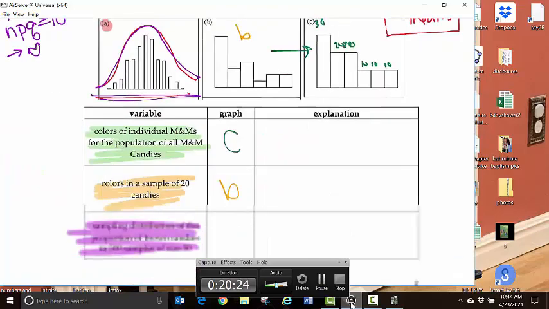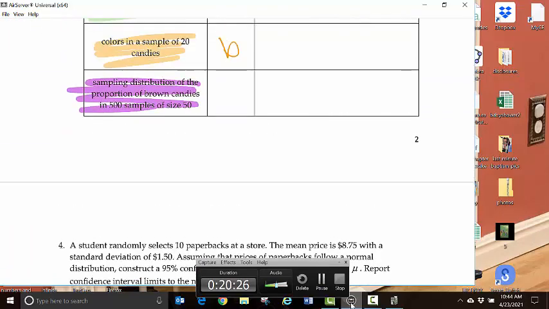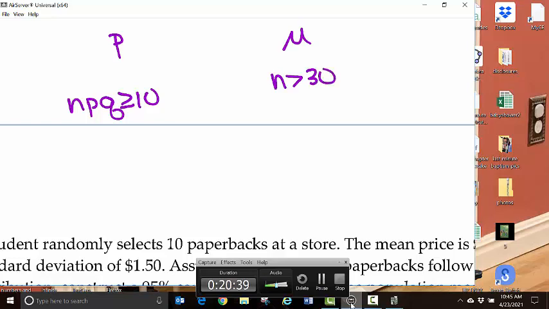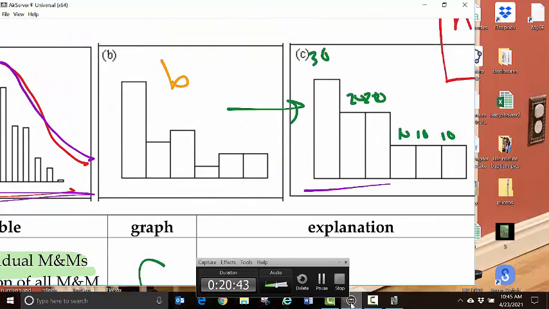All right, so that is that. The normality condition out of our conditions: if you're talking proportions, N times P times Q has to be greater than or equal to 10. And if you're talking means, your sample size has to be greater than 30. Or for both of these, if the original population was normal, you'd be good.